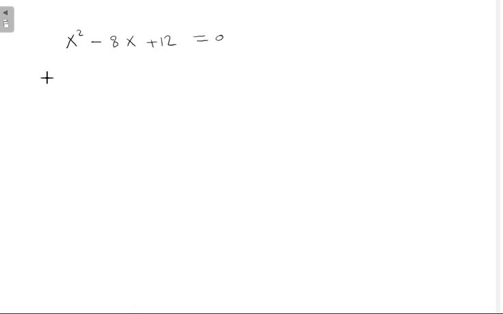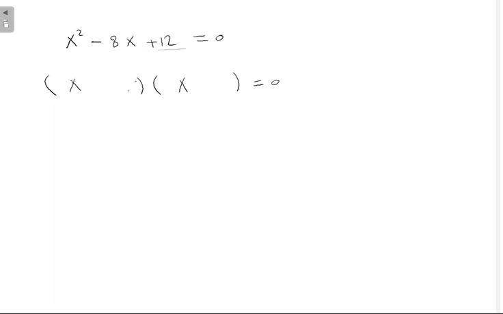First step is to rewrite this equation as a product of two factors, the product equals to 0, each one has x in it and a constant. Now, in order to find this constant, I need to say both constants n and m here, the product of the constants must be 12.